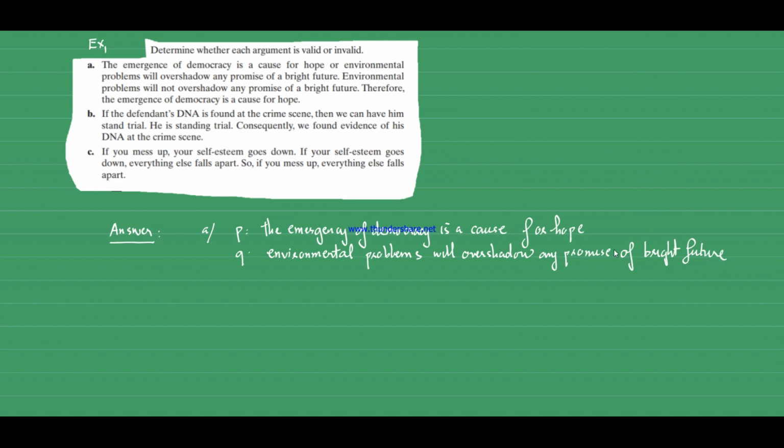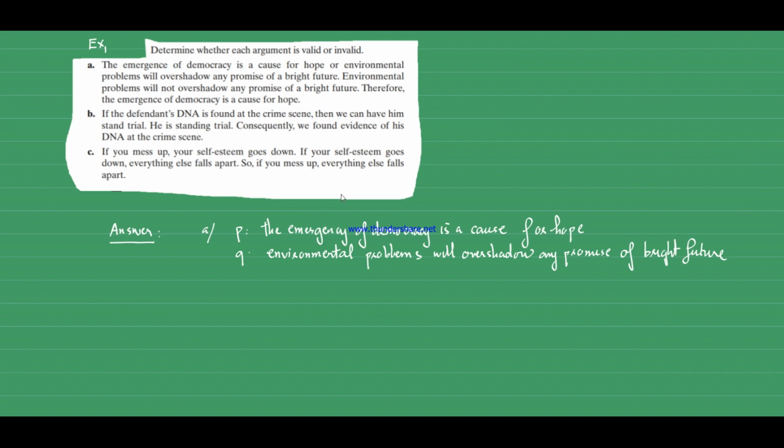Let's check if the conclusion is kind of the same. Sometimes we have a third simple statement. Okay, so this is a negation over here, and it looks like we have only two simple statements.